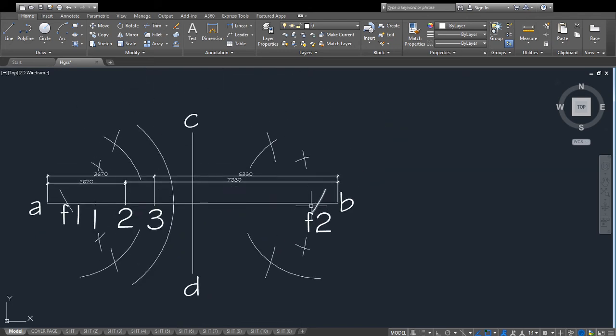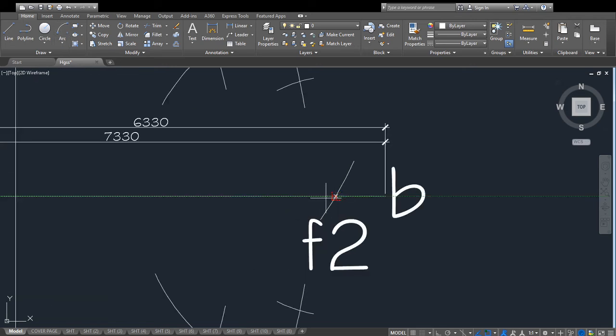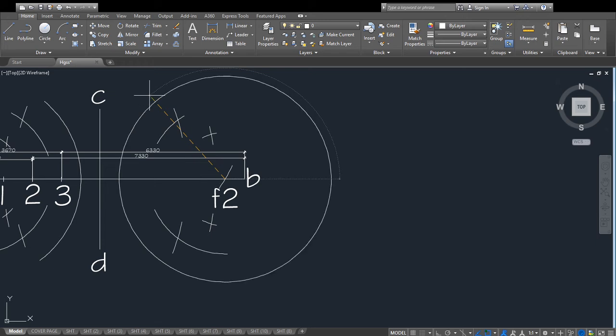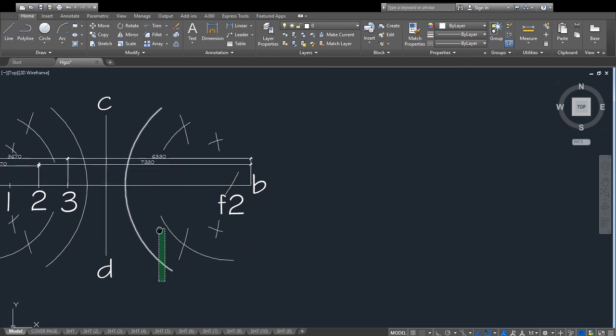We come to F2 with that same radius. F2. Okay, 3670. And we make the same arc.